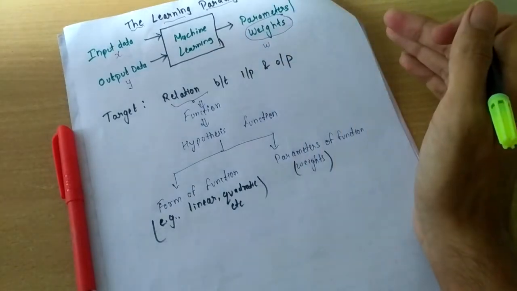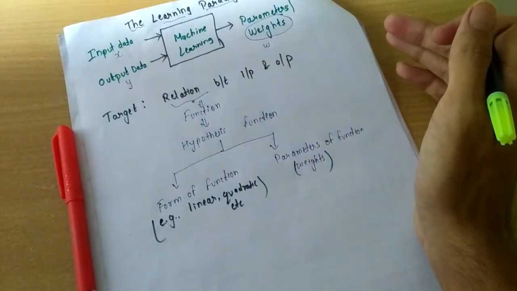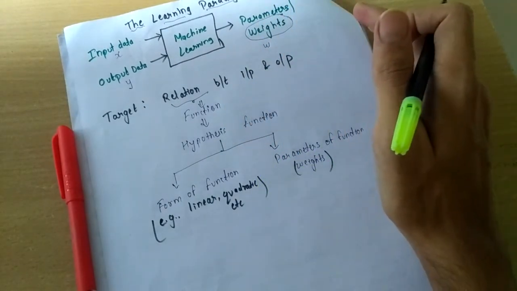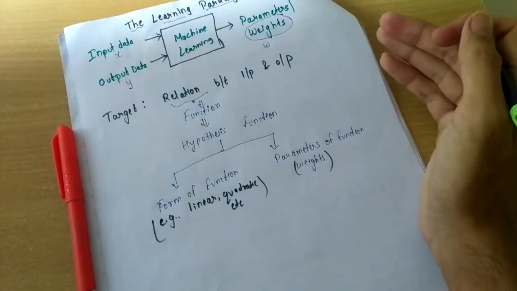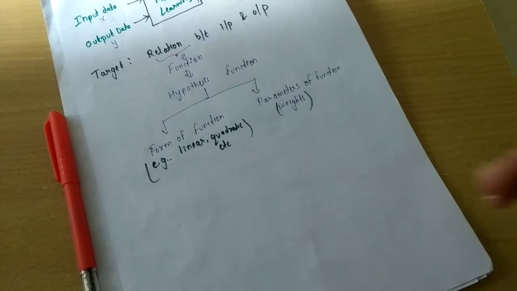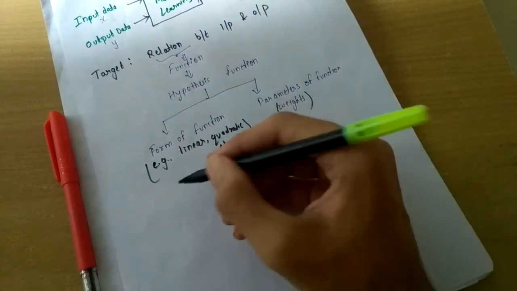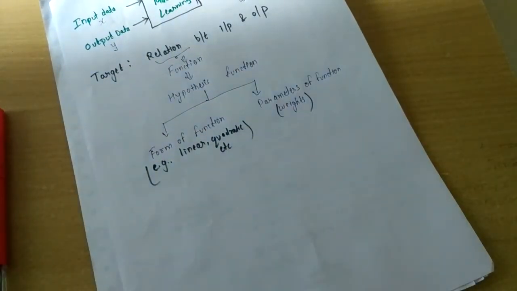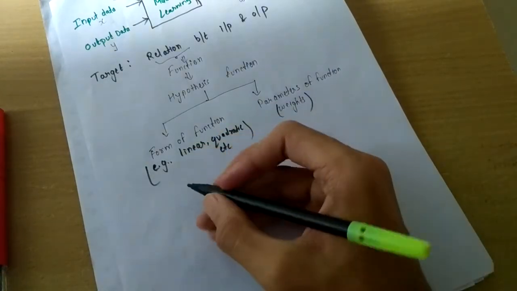The learning in machine learning means learning of weights. We will update the weights in order to get our desired output and minimize the cost, depending on our need.